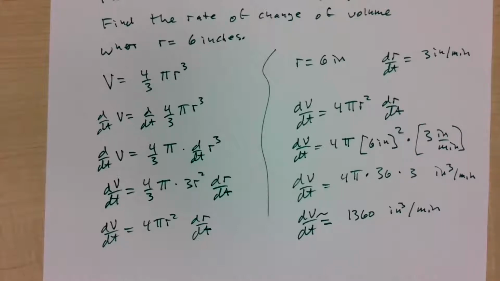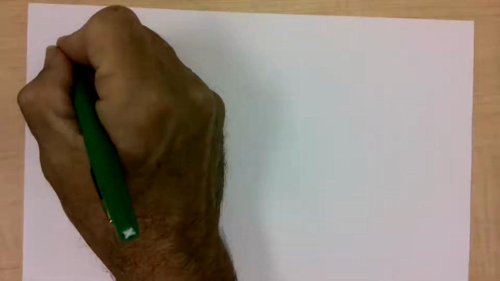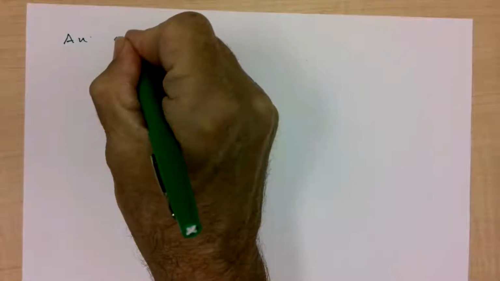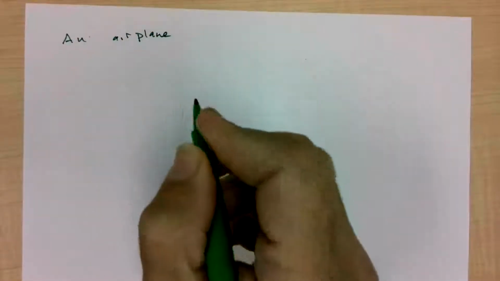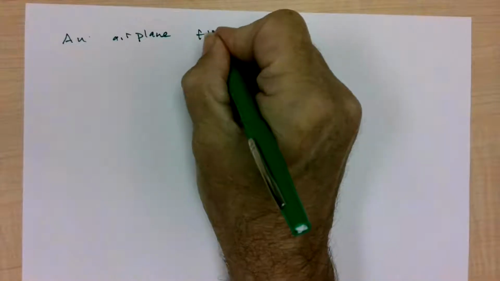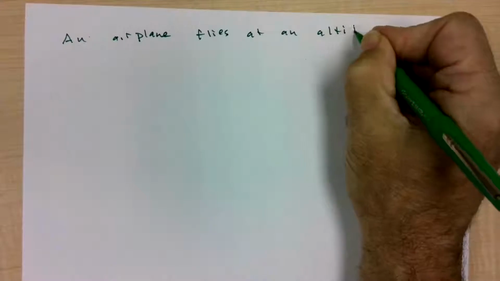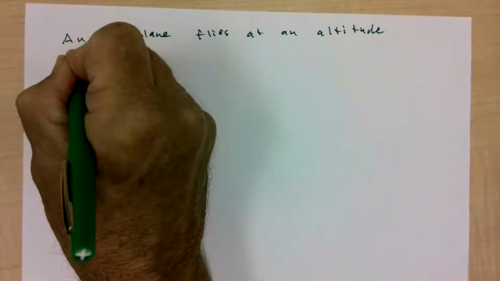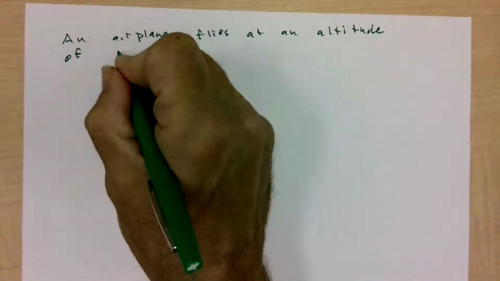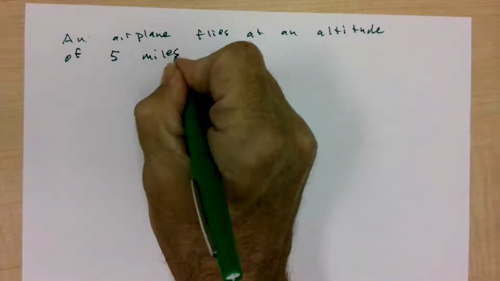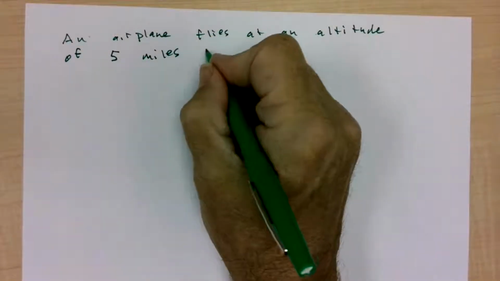Let us take a look at the following. An airplane flies at an altitude of 5 miles toward a point directly over an observer.